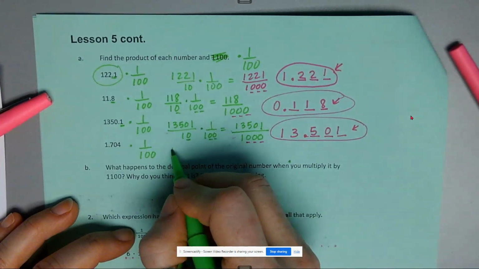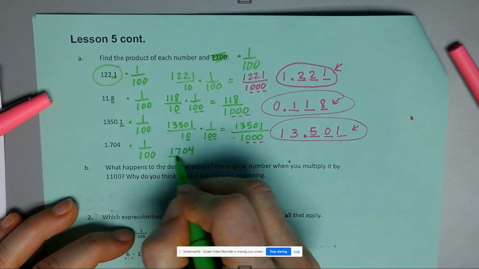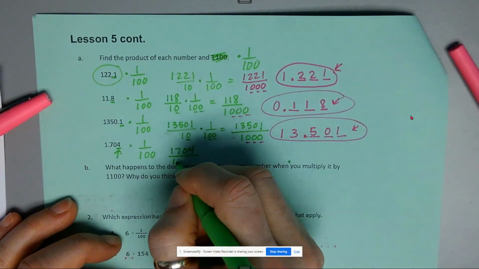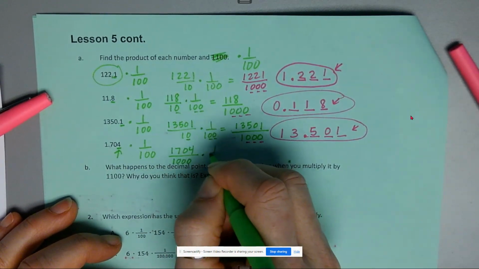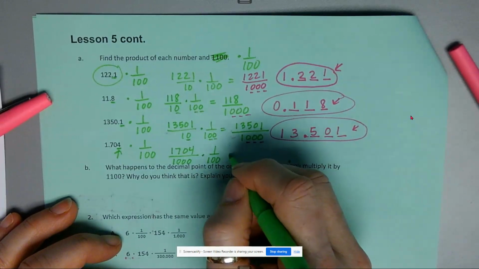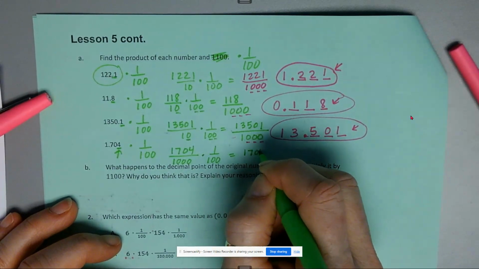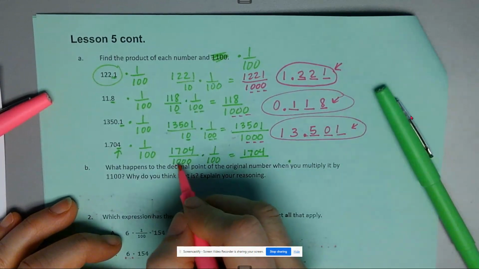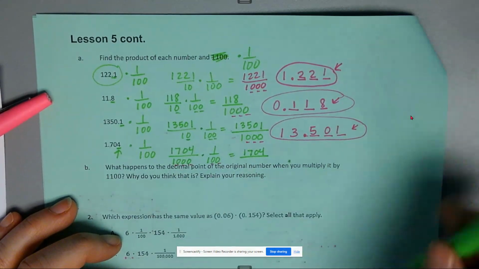And the last one, this is 1704 over, what's that place value? Tens, hundredths, thousandths. Times 1 over 100. 1704. Count my zeros. 1, 2, 3, 4, 5.